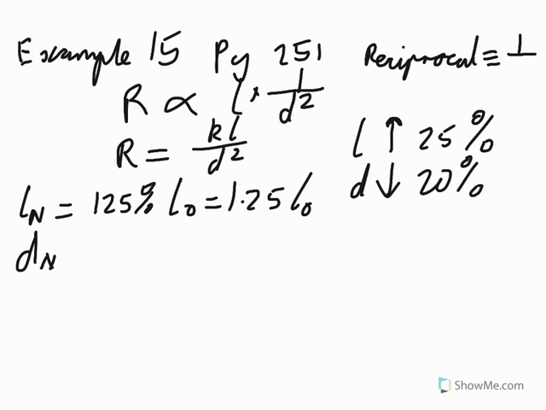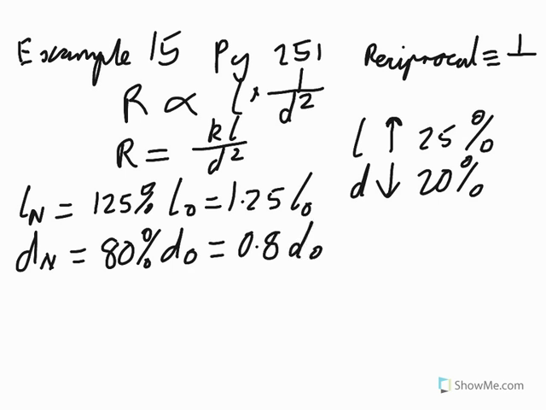And the new diameter, it's decreased by 20%. So it was at 100%, so we're decreasing it by 20%. So then it's now 80% of what it was before. So 80% of the old diameter, and 80% in decimal terms, 0.8 of the old diameter.